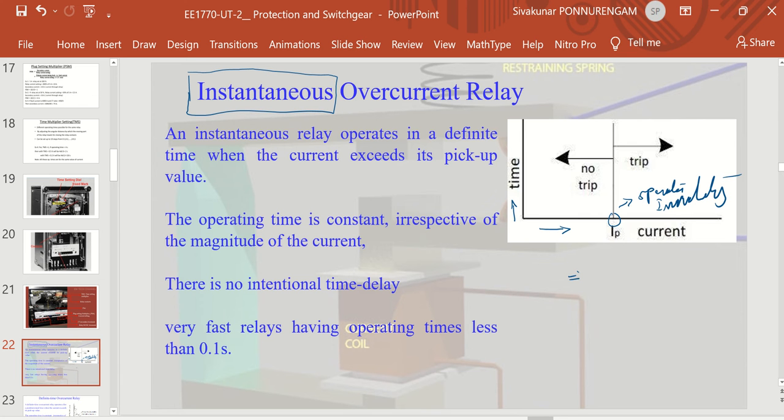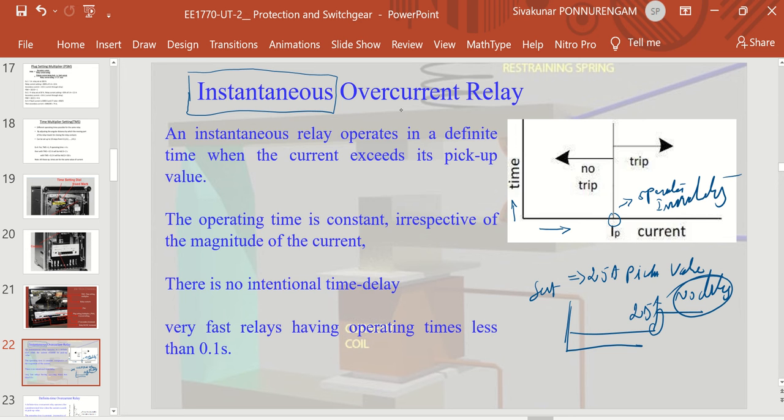Suppose you set 25 amps as the pickup value. When the current reaches 25 amps, there is no delay.